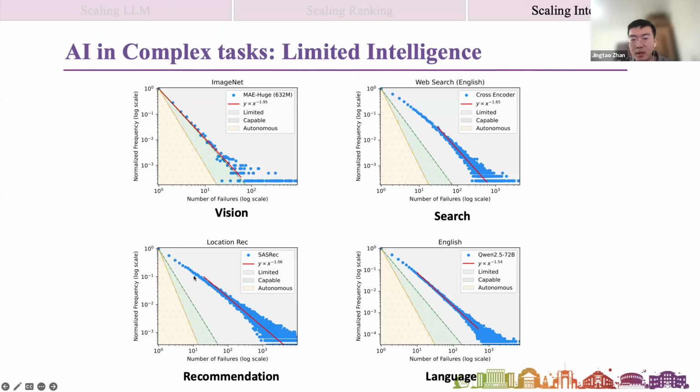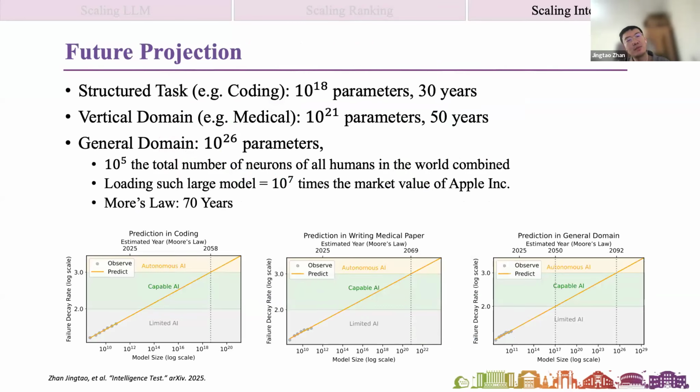The power law exponent is how good the model is. With this, we can predict when the decay rate approaches 3, that is, the autonomous level of intelligence.